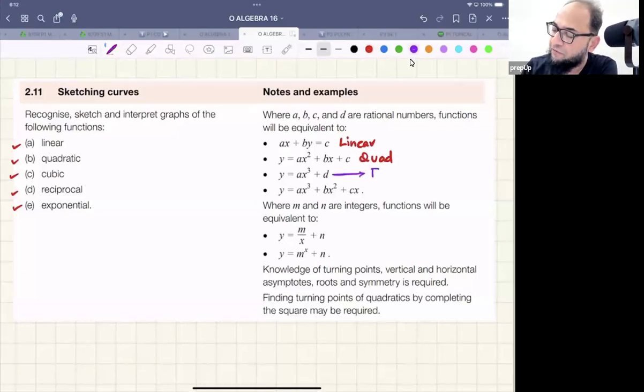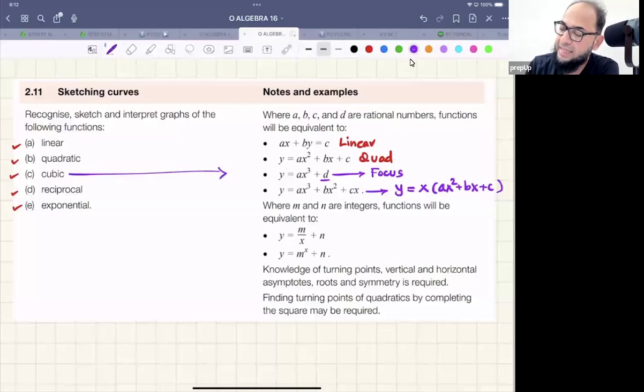So this is our focus of today. Cubic with a constant over here. And this one is a cubic, which can further be written as y equals x times (ax squared plus bx plus c). And we are focusing on these cubics and the sketching of curves.